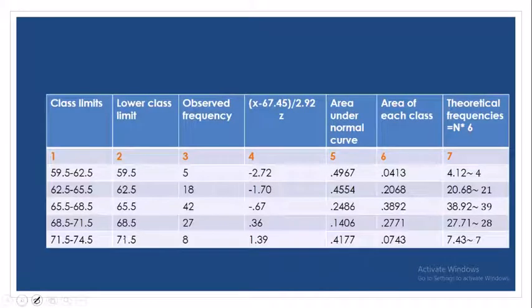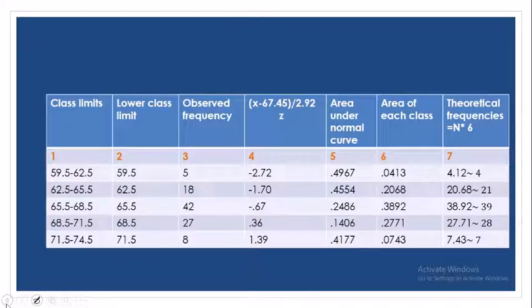Now let's see how to find the theoretical frequency. For that I have 7 columns over here. The first column is the class limit. You can see that I have done a small adjustment over here. I have written 59.5 to 62.5.